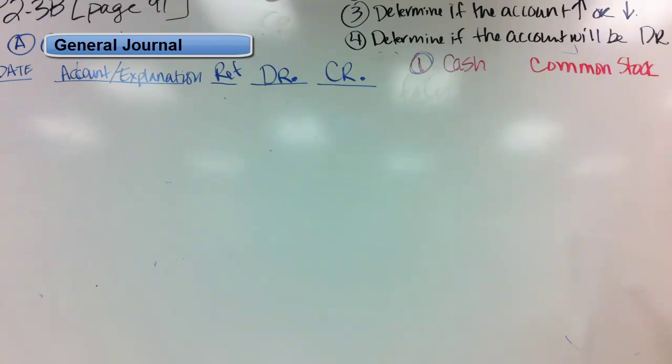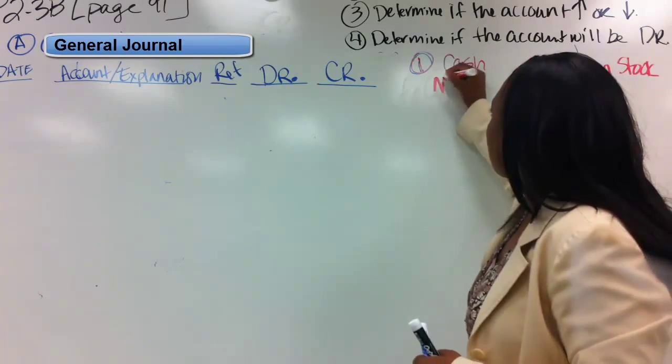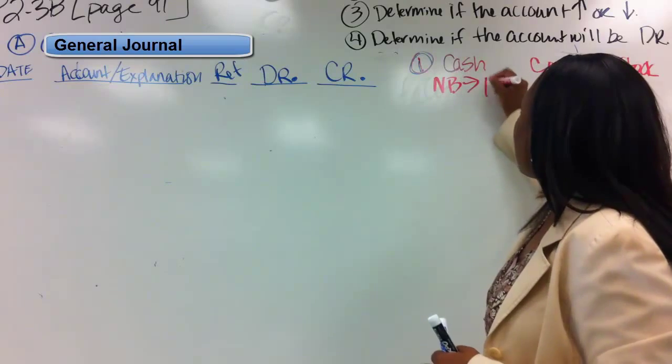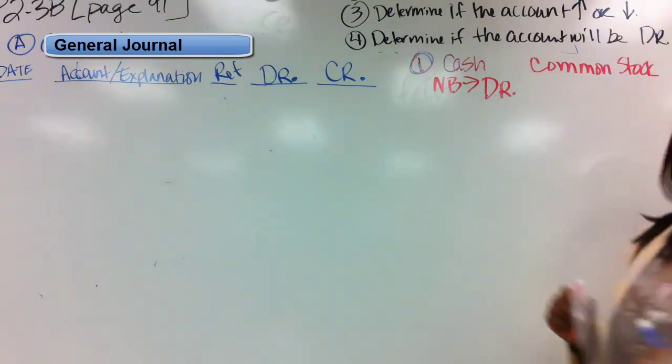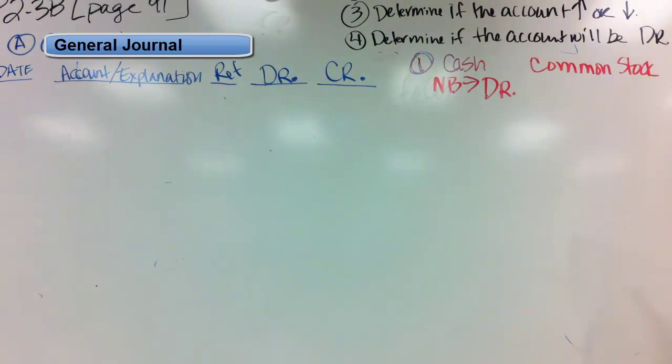Okay, we're all on the same page now? All right. Number 2, determine the normal balance. What's the normal balance of cash? Cash has a normal balance of debit. Now what about common stock? Credit.